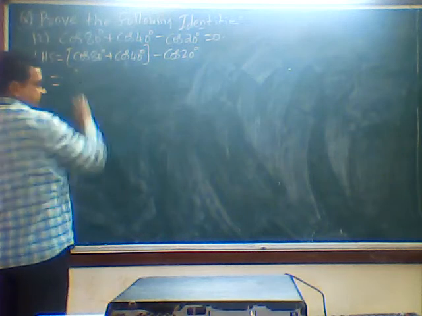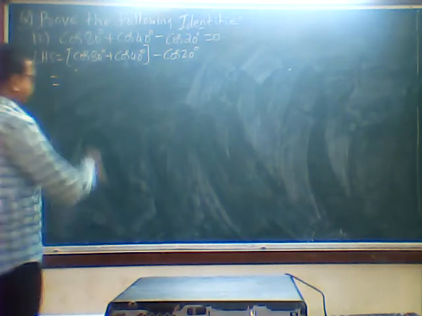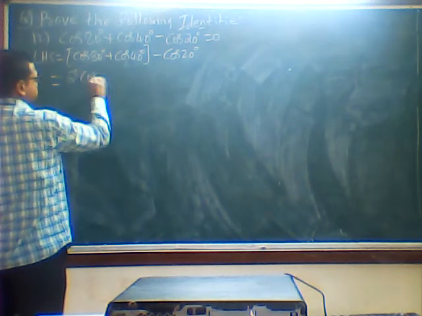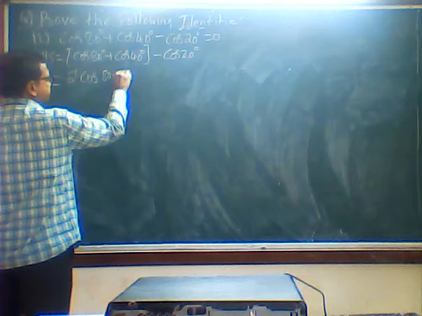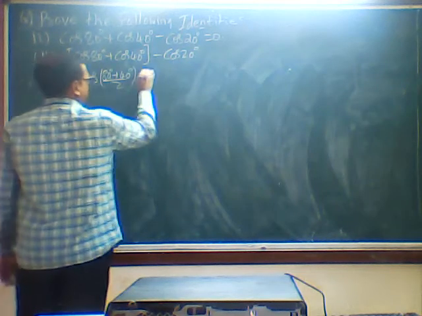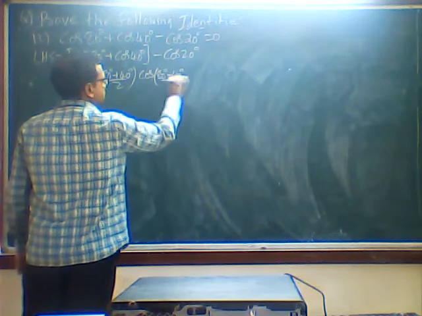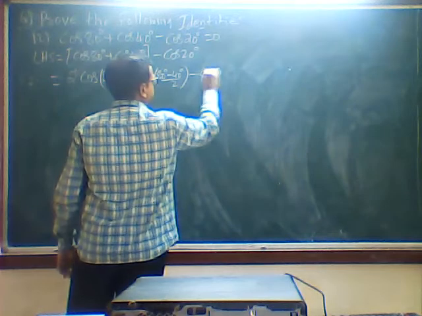Okay, cos C plus cos D formula is what? Both will come cos: 2 cos (C plus D)/2 into cos (C minus D)/2, minus cos 20 degree.